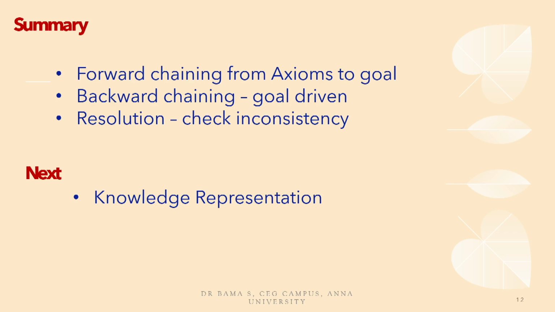Also, backward chaining is a goal oriented proof, where we start from the goal and see whether the fact is remaining inside the knowledge base. And thirdly, we have seen the resolution process, where we are checking the inconsistency among the set of facts. Through these three methods the reasoning can be done.